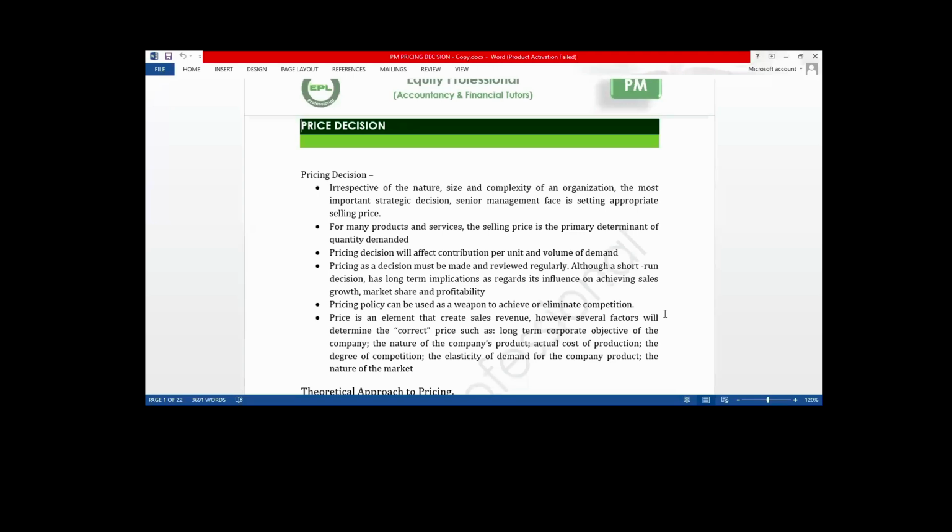And lastly, we talk about the elasticity of demand of the company's products. The elasticity of demand will also have impact on the company's products. If I ask the class, what is elasticity of demand?